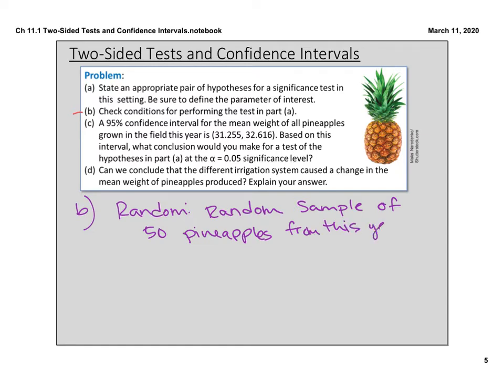From this year's crop. And then 10%, we can say it is safe to assume that 50 is less than 10% of all pineapples grown.